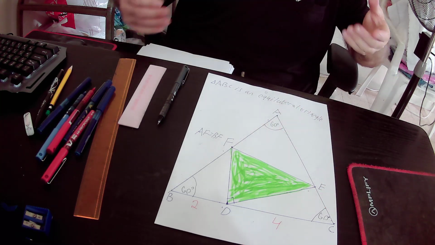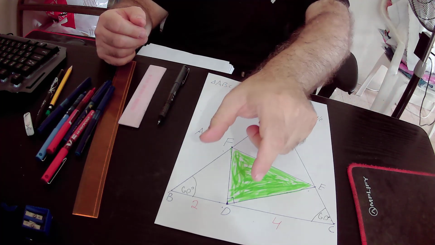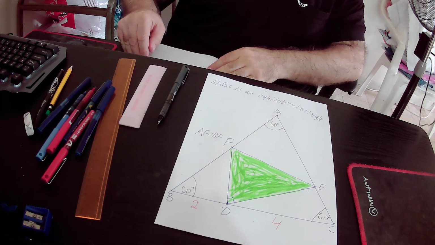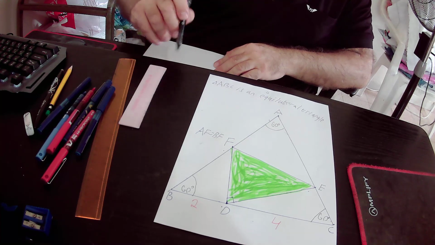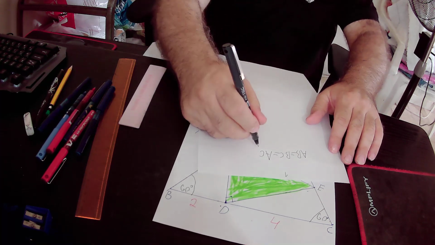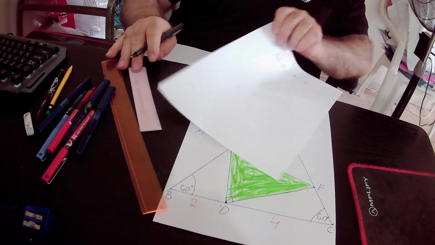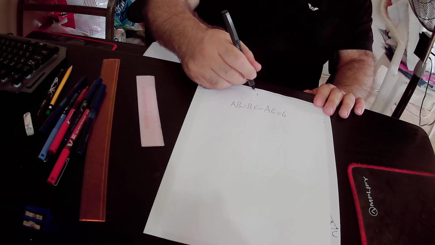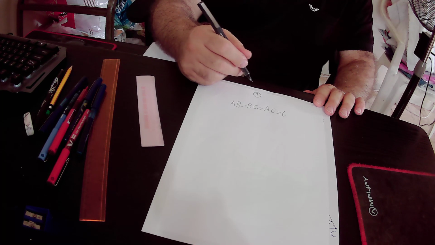So BC equals BD, that is 2 units, plus DC, that is 4 units. That is to say, BC equals 6 units. So all the sides of the equilateral triangle are equal to 6 units, because in any equilateral triangle all the sides are equal to each other.